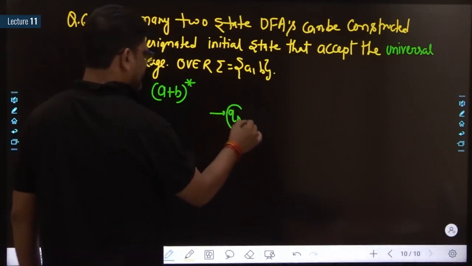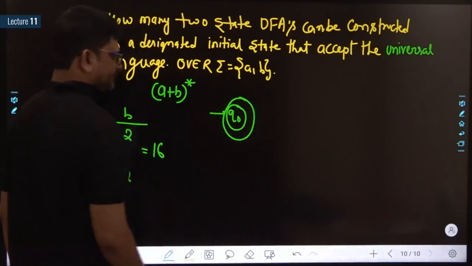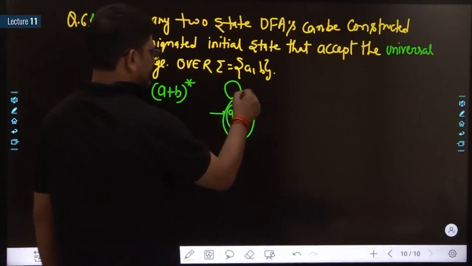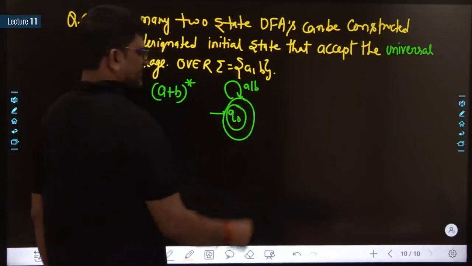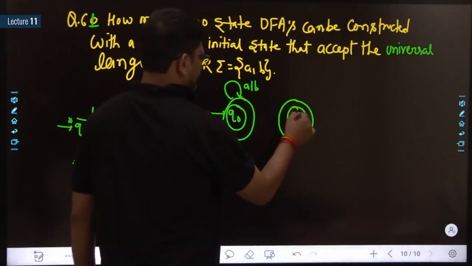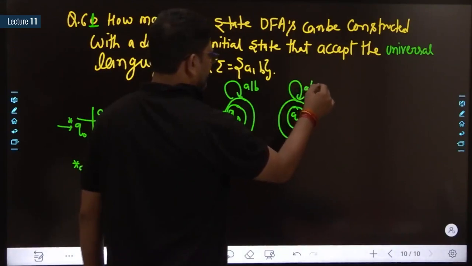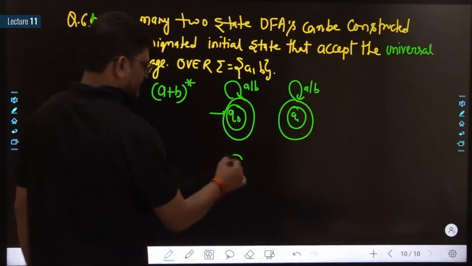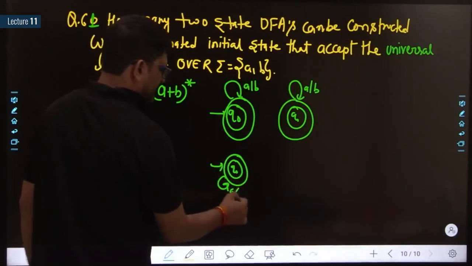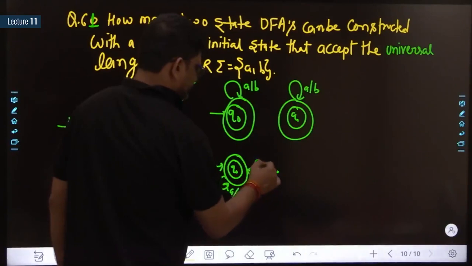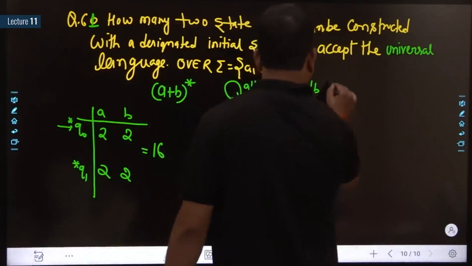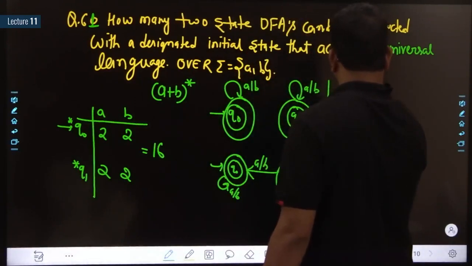If Q0 is the initial and this is final, this also accepts the universal language. Clear? This also accepts the universal language. This also accepts the universal language.